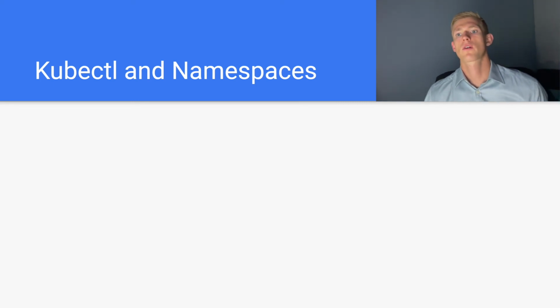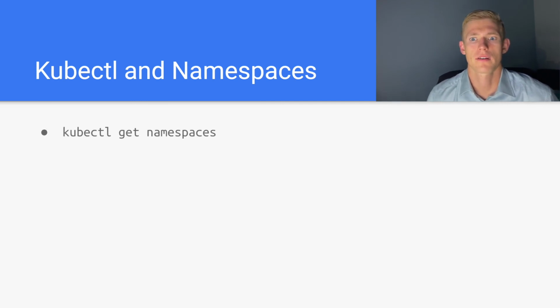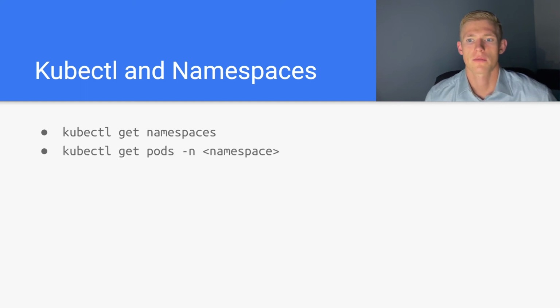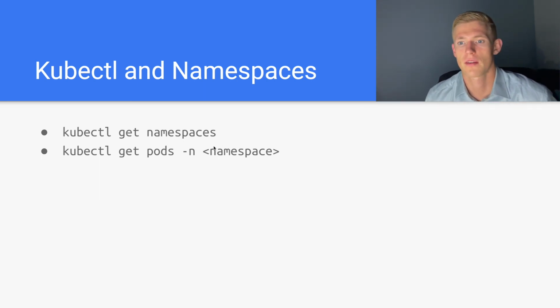Finally, let's have a quick look at a couple of commands for namespaces. If we want to get all the namespaces in a cluster, kubectl get namespaces. If we want to get the pods in a particular namespace, kubectl get pods -n namespace. And on that one, if you do not specify the namespace that you want to get the pods from, you will get the pods in the default namespace.